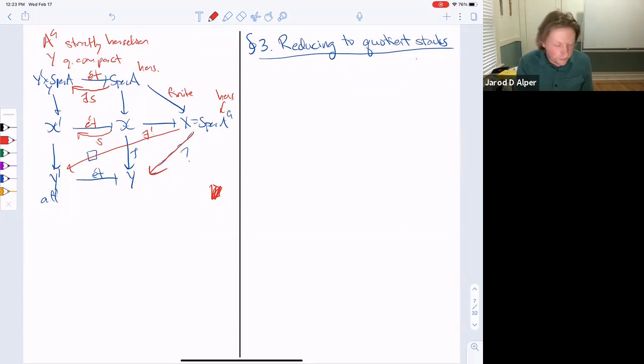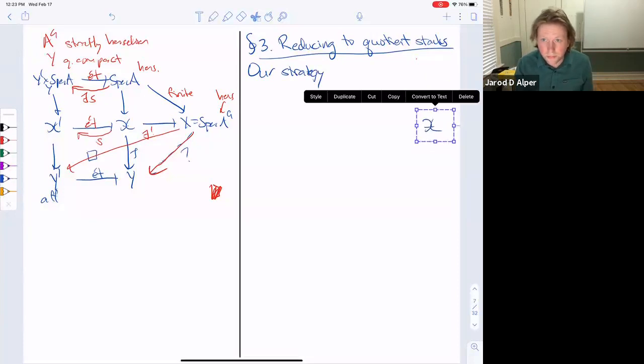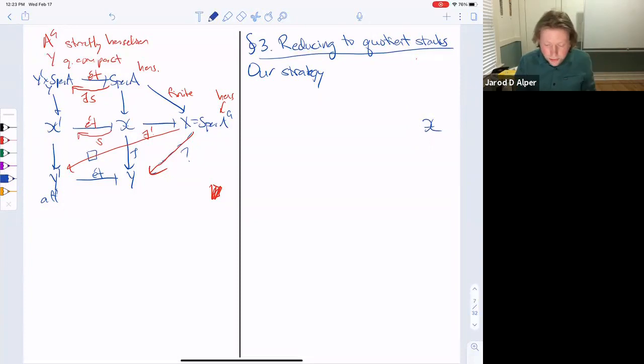We're after a coarse moduli space for X. So our strategy is to construct a coarse moduli for X. We use the local structure result to find this étale map.